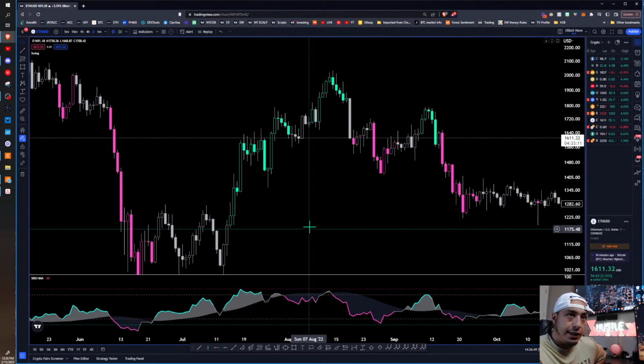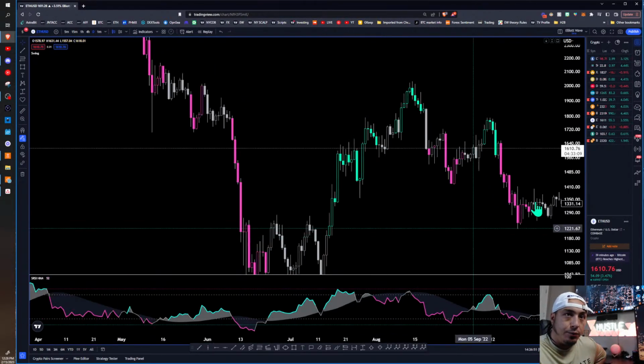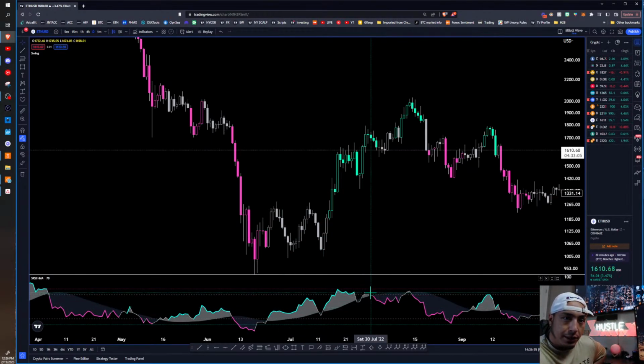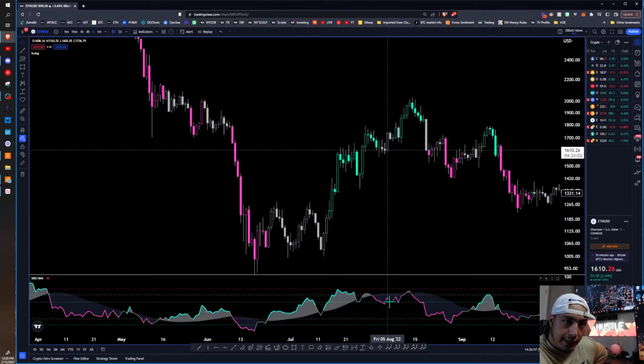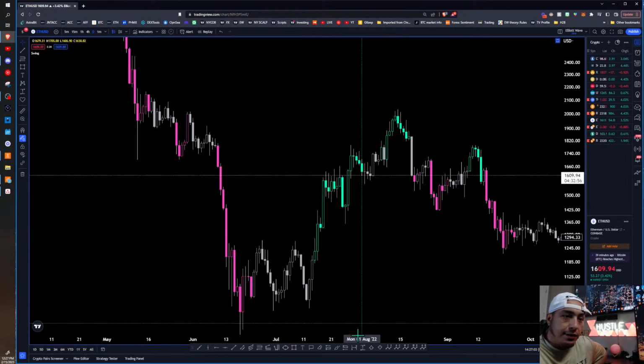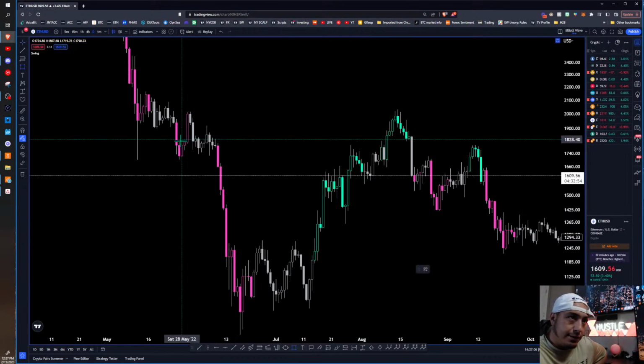So on this top side here, let's say we're in this uptrend, and you have an inclination or an idea that it's going to reverse, and you want some other ideas from a higher time frame to aid that.